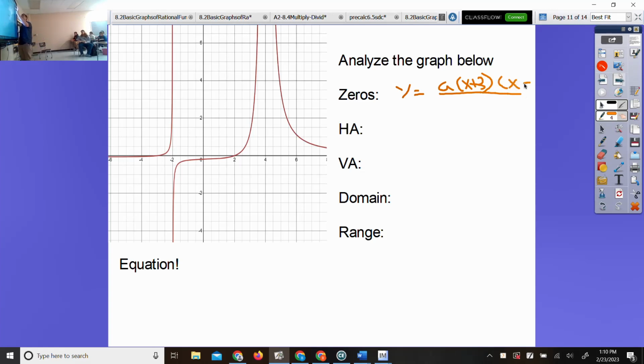Why am I putting them in the numerator? Because zeros go in the numerator, asymptotes go in the denominator. That works. You have an asymptote back there at -2. What's the factor that makes it? Plus 2. You have an asymptote at 4.